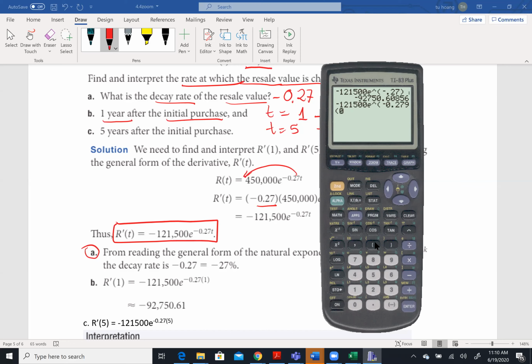I need to have times 5. You know what? Multiply with 5. Close that. And then there we have negative 301.71.